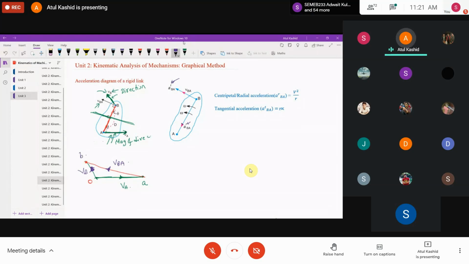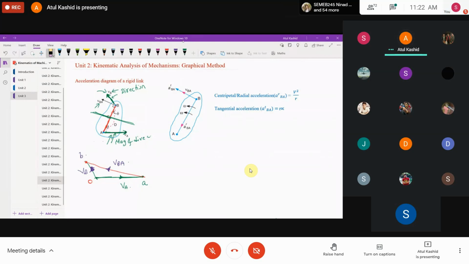You can see the red arrow shown over here: this is the direction for the radial component of acceleration for the link AB, and this is the direction for the tangential component of the link AB. The tangential component is perpendicular to the link AB, and the radial component is along the link AB. These things are very important to understand: the direction of the tangential and the radial component.